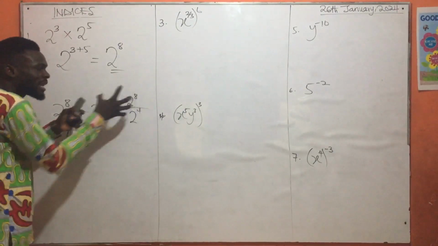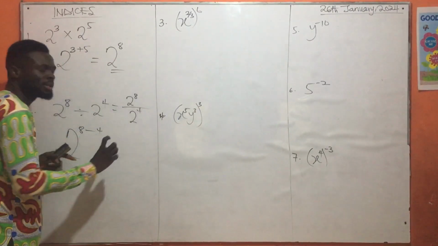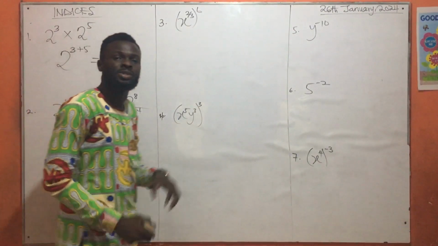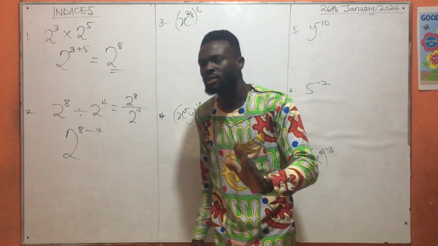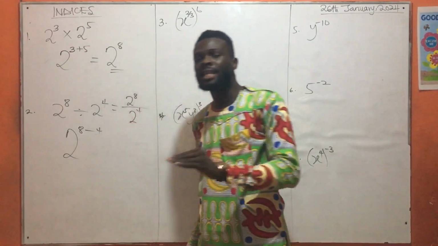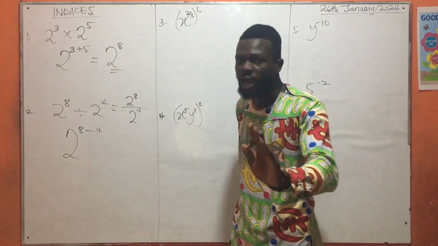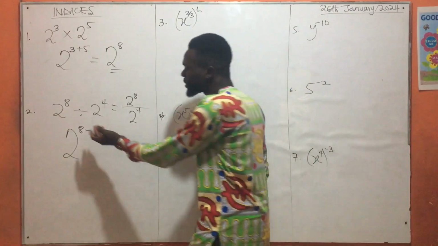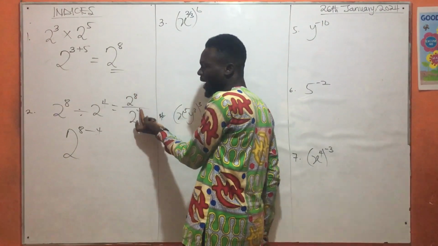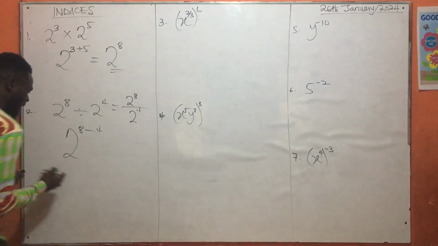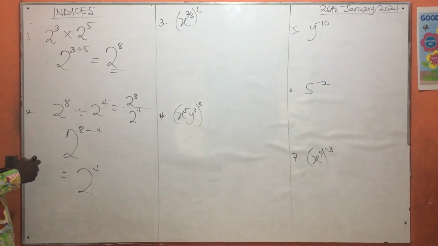So once we have something like this or this, and they have the same base, we use the second law of indices, which states that when you are dividing and the bases are the same, subtract the powers. So since the bases are the same, we just subtract the powers, this minus this. Then that gives us 2 raised to the power 4 as the answer.